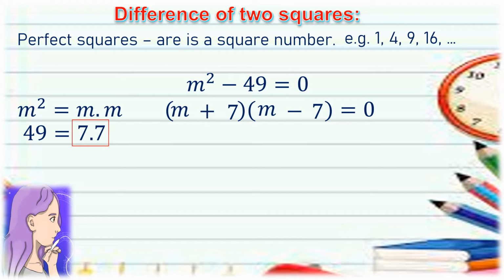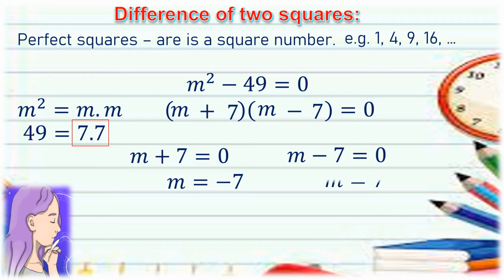Then we are going to use plus and minus signs because there's no middle term. As easy as that, and then we are going to equate it to 0. So m is equal to negative 7, and the other m is equal to positive 7. So the roots of this quadratic equation are 7 and negative 7.